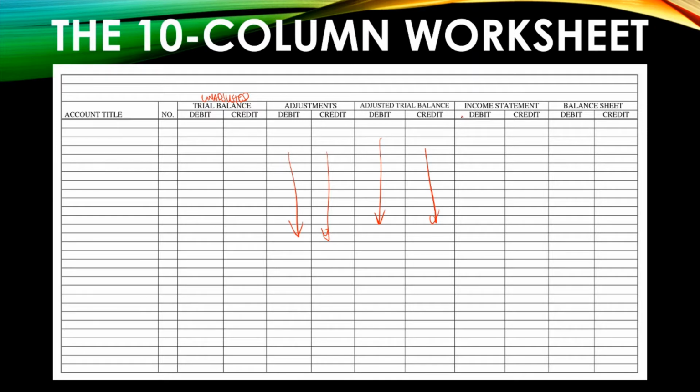Okay, so five sections: the unadjusted trial balance, adjustments, adjusted trial balance, income statement, and the balance sheet. So generally 10 columns, excluding, of course, the column for the account title.